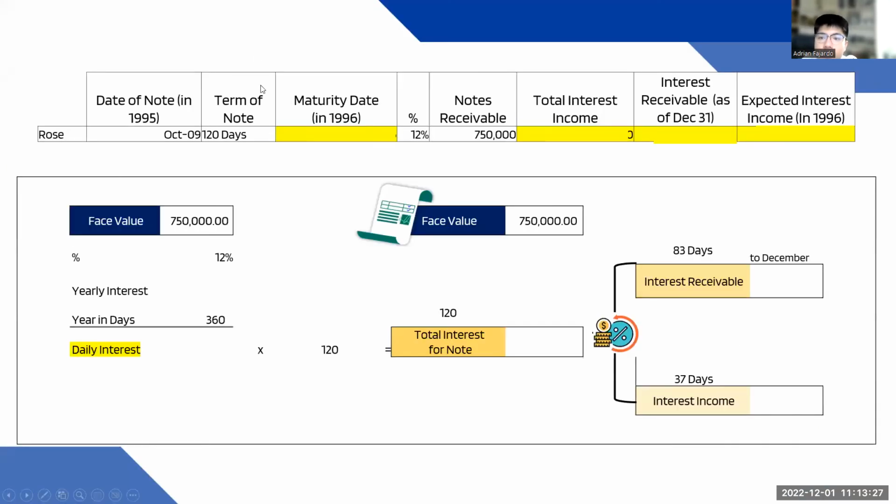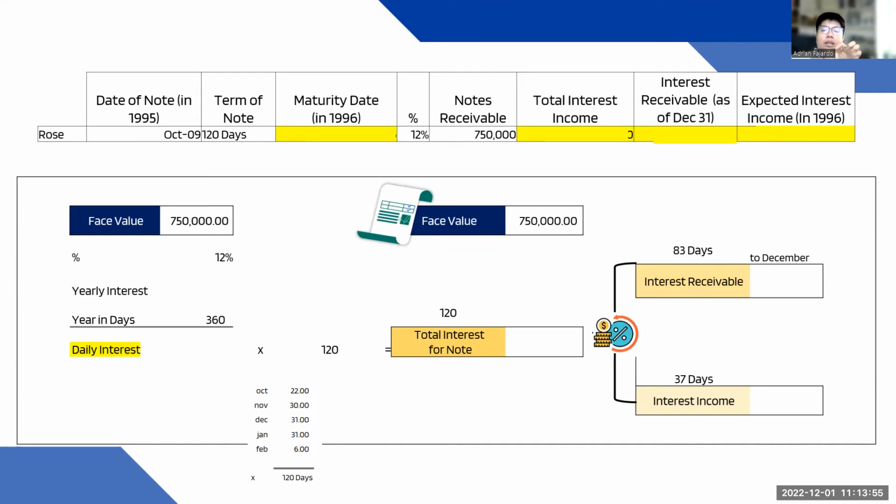So in the Rose note, the term of the note is 120 days. And hindi natin alam again yung maturity date. So how do we solve for this? Basically, we just count. Dito papasok yung knuckle, right? So now, we need to know how many days are there in the months of October, etc. So January, February, March, April, May, June, July, August, September, October.